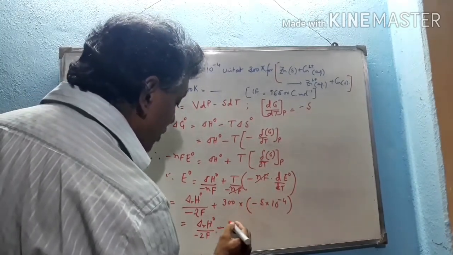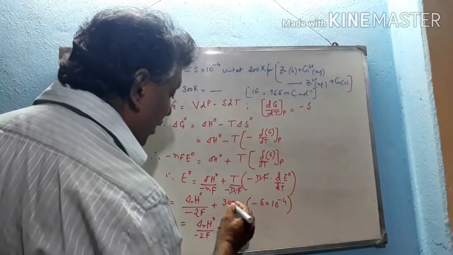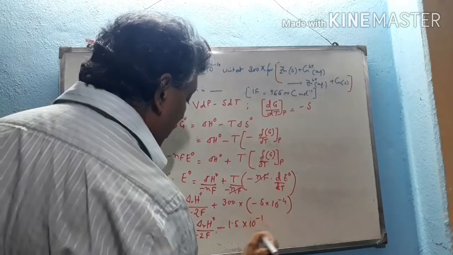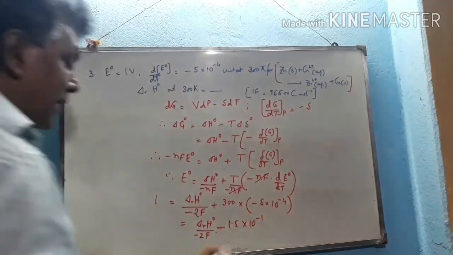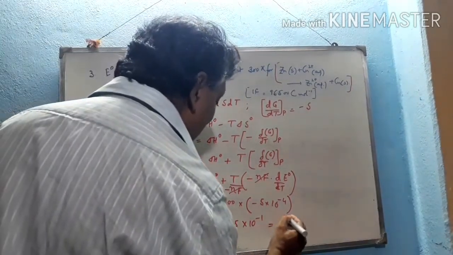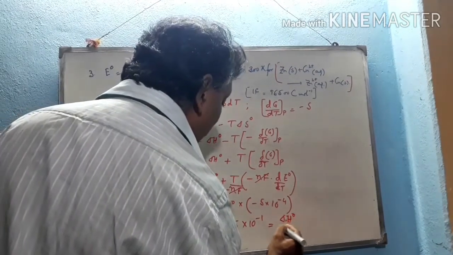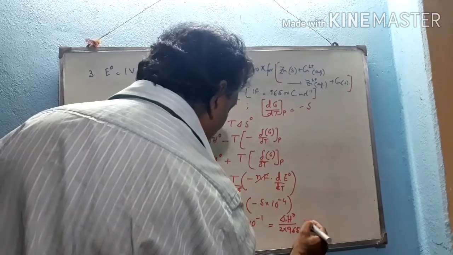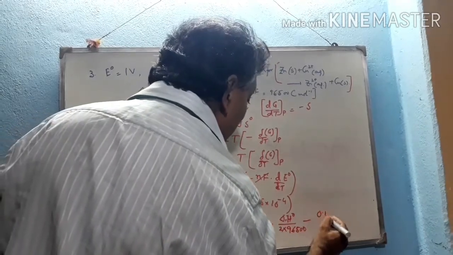So 1500, that means 15 into 10 to the power minus 3 into 10 to the power minus 4, that means 1.5 into 10 to the power minus 1, equal to ΔH0 of reaction divided by 2 into 96500 plus minus 0.15.